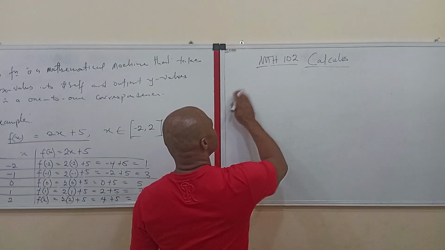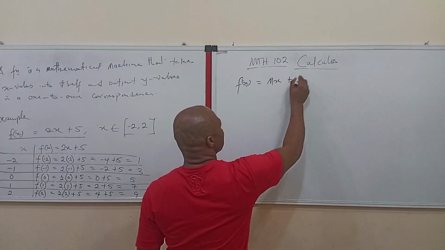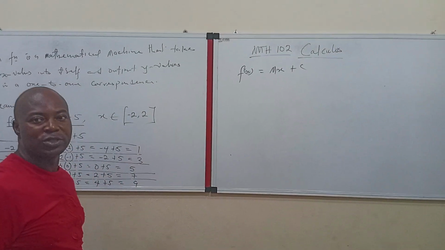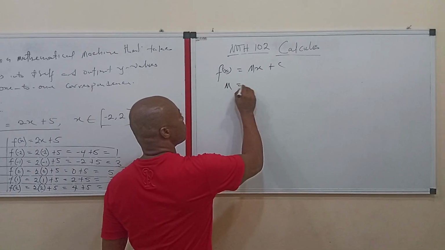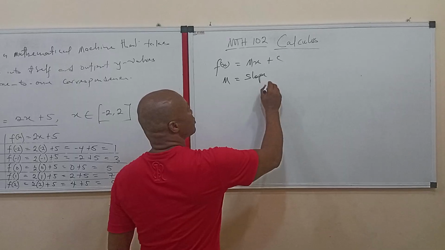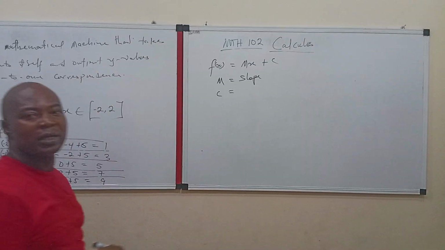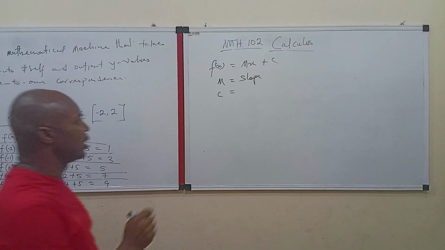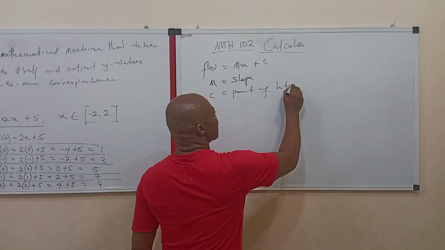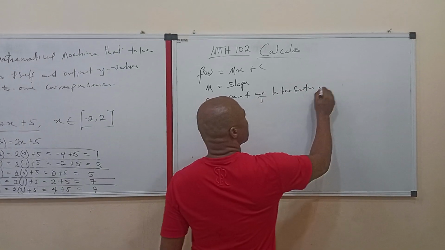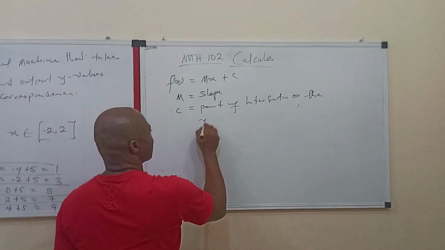Where y of x, or let's say f of x, is equal to mx plus c, where m here is the slope, and c here is the point of intersection on the y-axis.